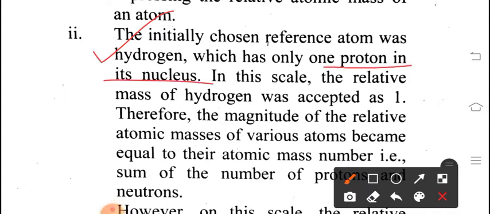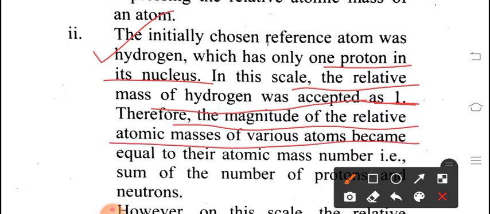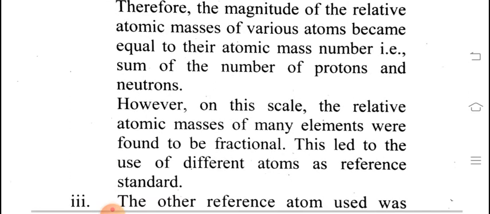In this case the relative mass of hydrogen was accepted as 1. Therefore the magnitude of relative atomic masses of various atoms becomes equal to their mass number, that is the sum of the number of protons and neutrons. However, on this scale the relative atomic masses of many elements were found to be fractional. This led to the use of different atoms as reference standard.